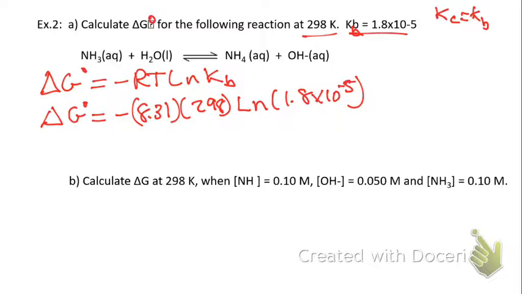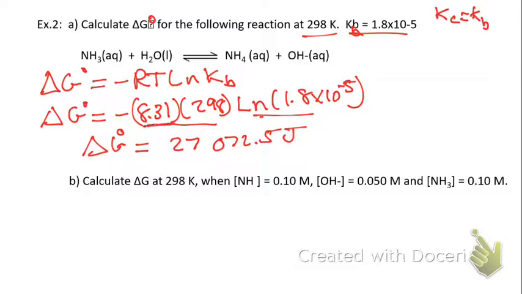So when you do all the math, you multiply here, the natural log of 1.8 times 10 to the minus 5, we get a delta G value of 27,072.5 joules, okay?